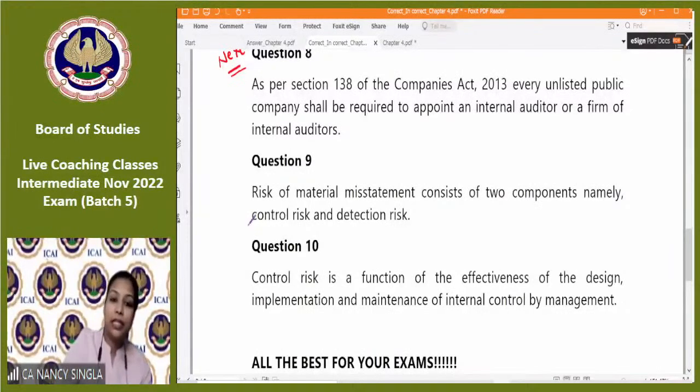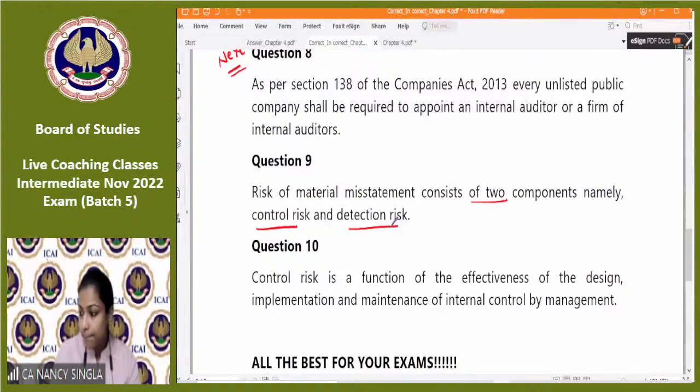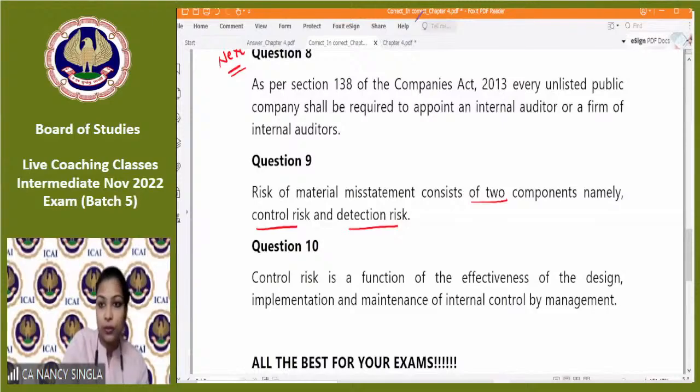So risk of material misstatement consists of two components, namely control risk and detection risk. So what is the answer? Question number 9. Please try to answer the questions on your own.